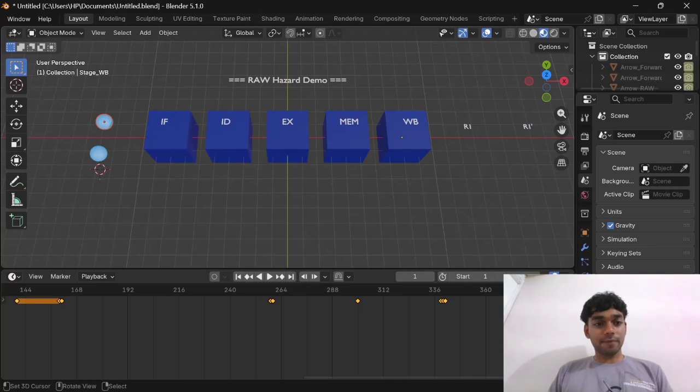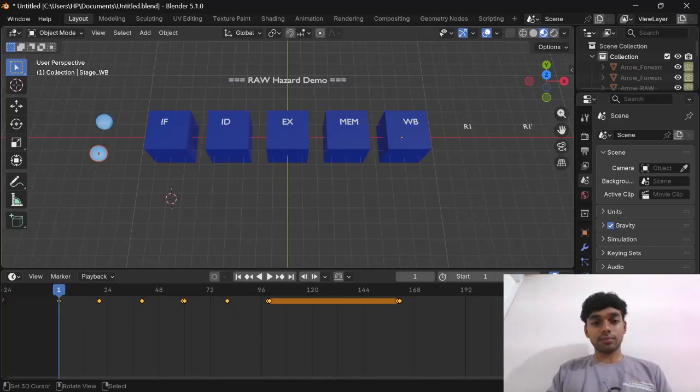If this instruction is dependent for its execution on the result of this instruction, then this is known as dependency. Now there are various types of dependencies. Let us look at all these dependencies, what problems occur because of them, and also the solution to these dependencies one by one.